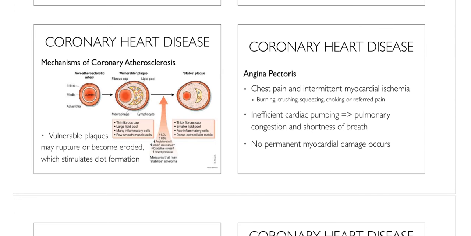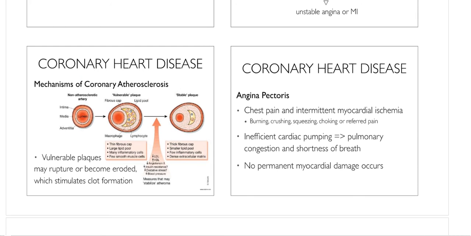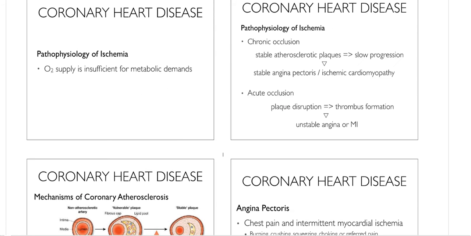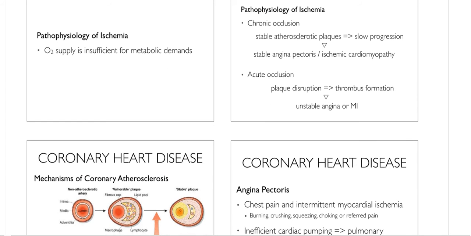Unfortunately, as we saw up here, this stable plaque leads to a chronic occlusion because of how narrow this lumen is. This vulnerable plaque has plenty of space for blood flow, but because of this weak wall with this massive lipid pool, this can easily burst and form an acute occlusion, leading to unstable angina or an MI.